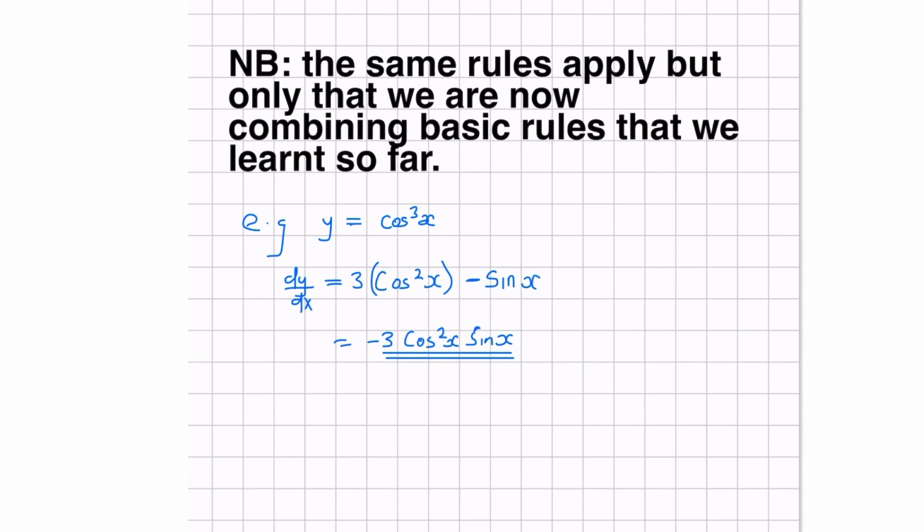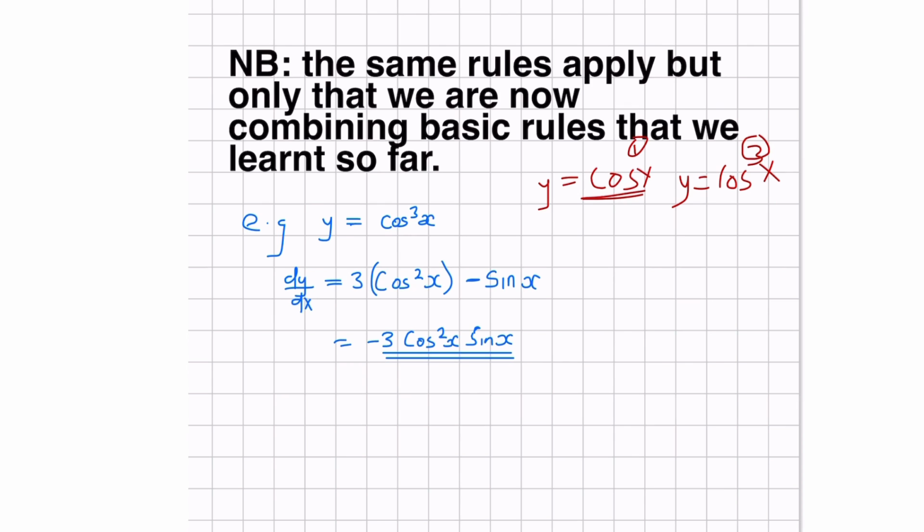So remember, in the previous examples, we were having expressions like y equal to cos of x. But this time around, we are having y equal to cos cubed of x, right? So it means that the power of this trig function here is 1, right here. But the power here is no longer 1, but is 3.